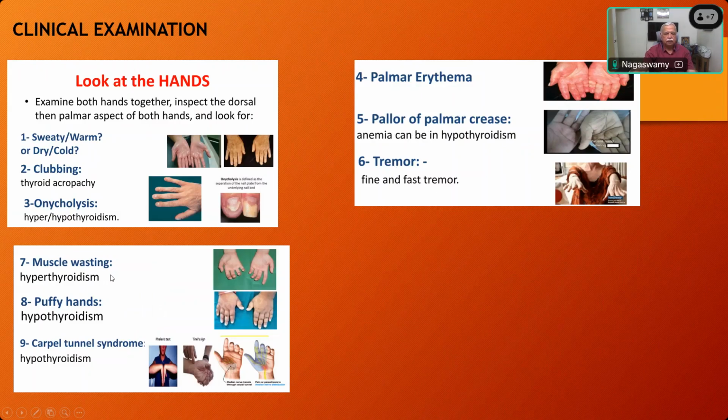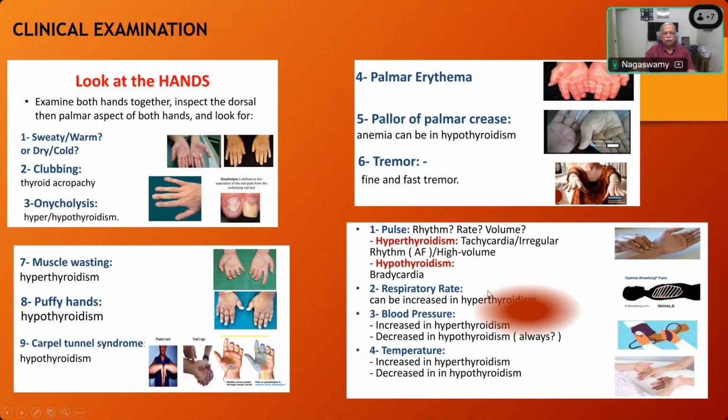Muscle wasting will be seen in hyperthyroidism, whereas puffy hands in hypothyroidism, and carpal tunnel syndrome. You just press here, and the patient will have excruciating pain in the median nerve distribution. So that is carpal tunnel syndrome in hypothyroidism.